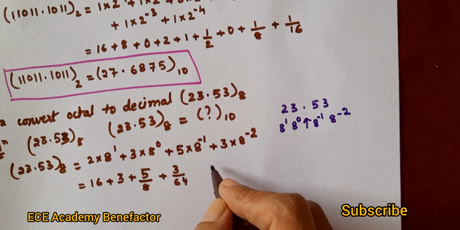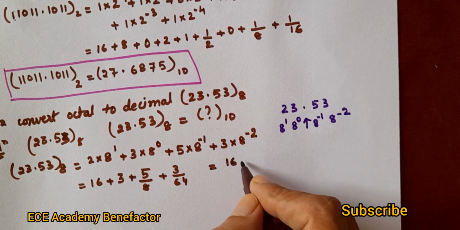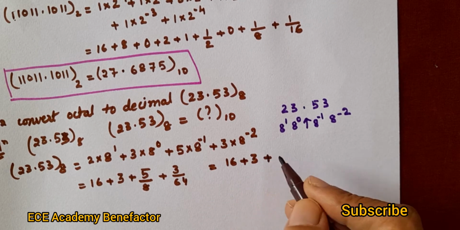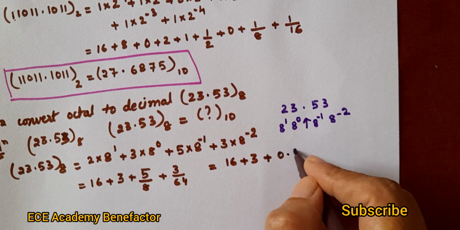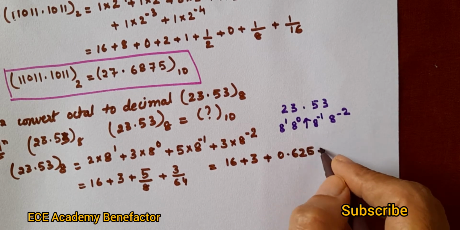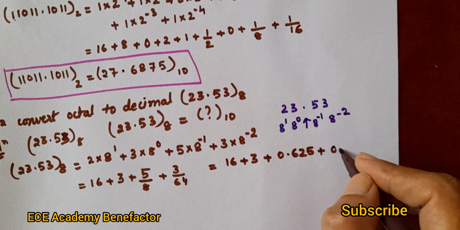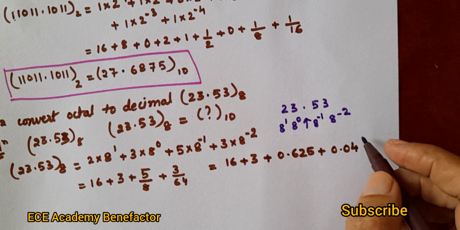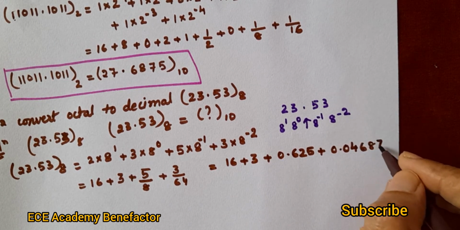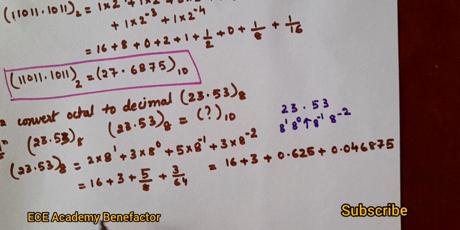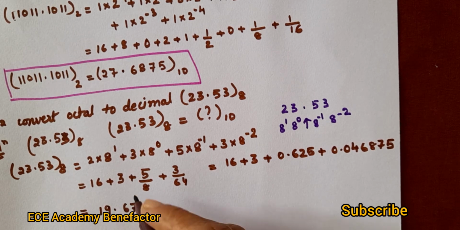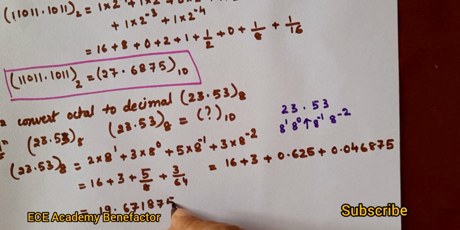Okay, it is coming to be as 16 plus 3 plus 0.625 plus 0.046875. On simplifying, you will get it as 19.671875.